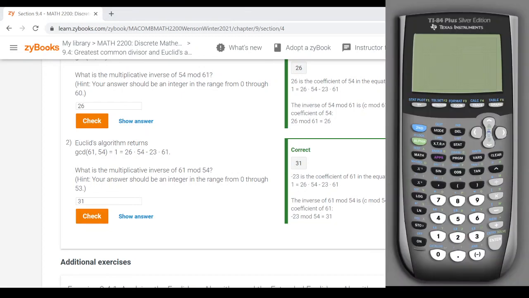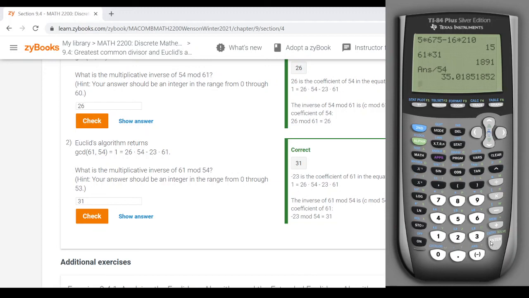I'll show you on the calculator. If I take 61 times 31, that's 1,891. Now I'm going to divide this by 54 just to see what the quotient is. All right, we're doing mod 54.